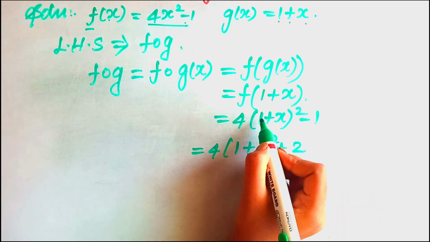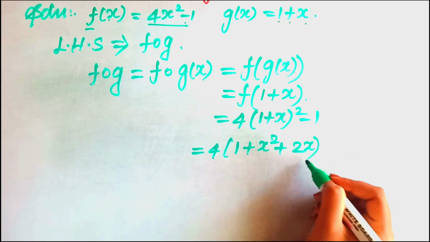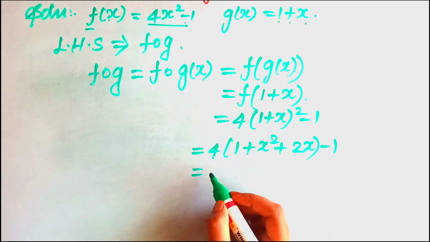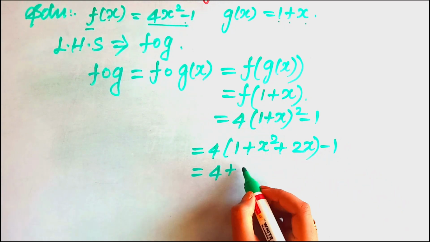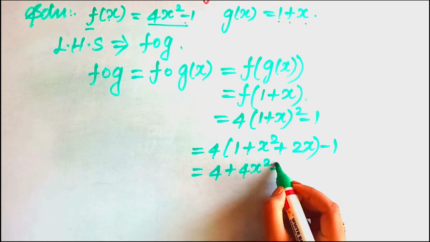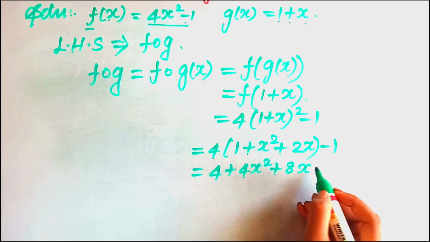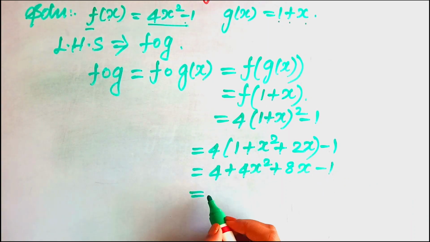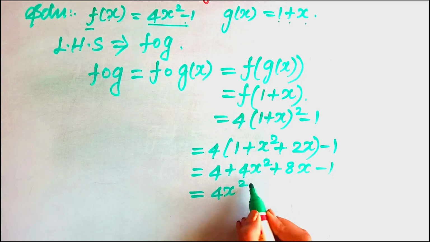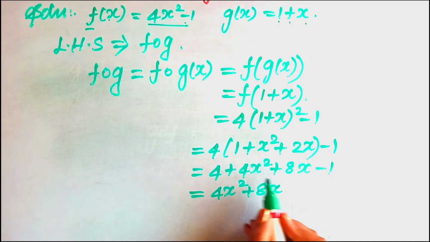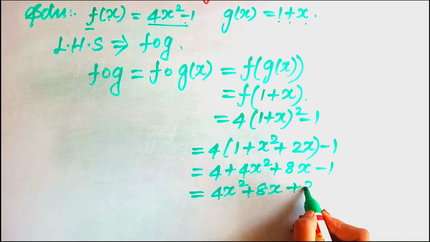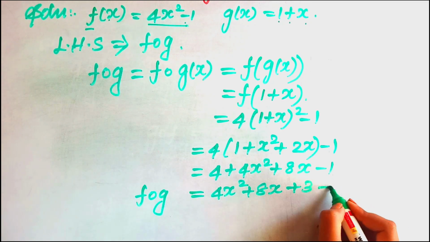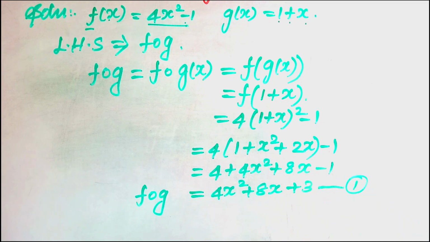So 2 into ab is 2 into 1 into x, which is 2x, right? Then minus 1. Now let's multiply 4 inside. So we'll get 4 plus 4x square plus 4 2s are 8x minus 1. Now let's arrange this. So we'll get 4x square plus 8x, and finally 4 minus 1 will be plus 3, right? So this is our f dot g, and let's take this as our first equation.